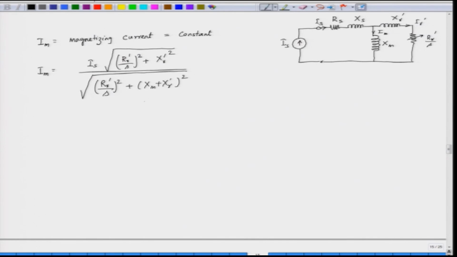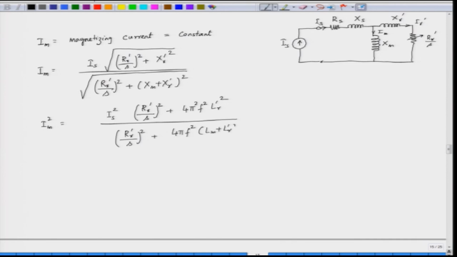Now, we square both the sides here. So, Im square is equal to Is square into (Rr prime by S) whole square plus, we separate the frequency here, 4 pi square f square into Lr prime square, divided by (Rr prime by S) whole square plus 4 pi square f square into (Lm plus Lr prime) whole square.